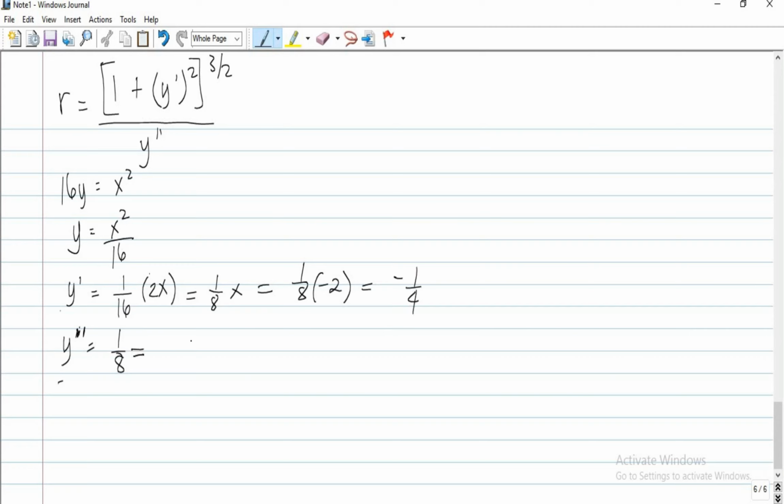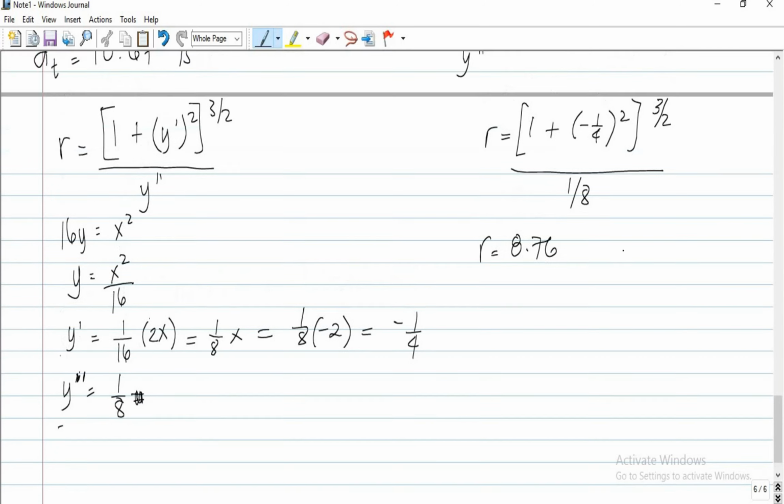For my y double prime, it remains as 1 over 8. So, isa-substitute ko ngayon yung y prime at y double prime dito sa my r. Ang lalabas ngayon ng sagot ko, 1 plus my y prime is negative 1/4, that is squared. The whole of this is raised to 3 halves over y double prime is 1 over 8. And if you enter this in your calculator, this is equal to 8.76.